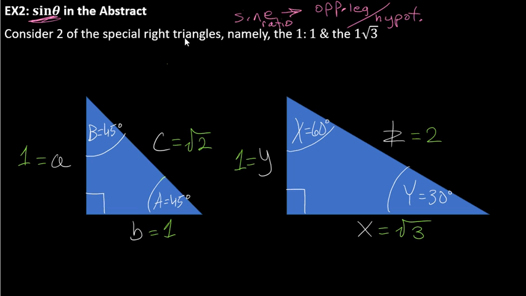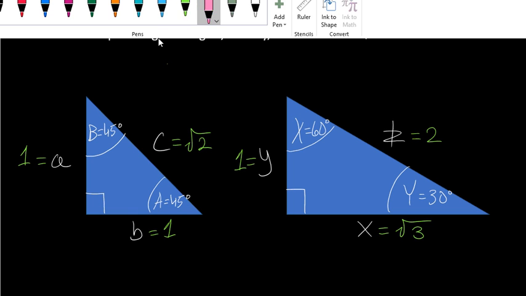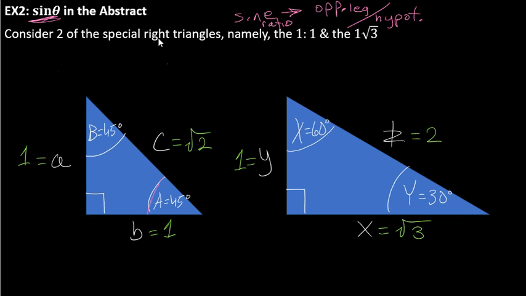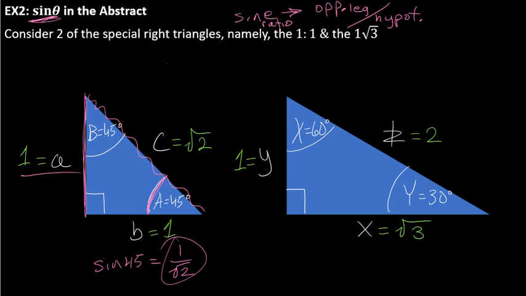So here, for example, if we're trying to calculate, let's say, the sine of this angle here, the sine of the 45 degree. Well, that's equal to opposite, right? This is the opposite leg over hypotenuse. So the sine of 45 degrees is 1 over the square root of 2.